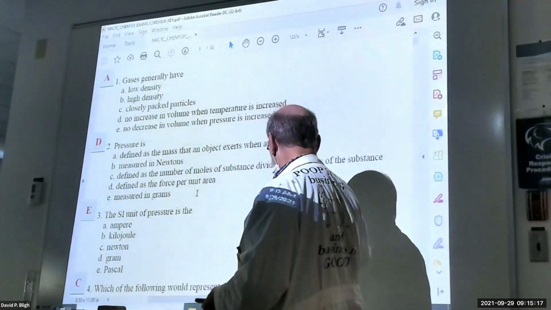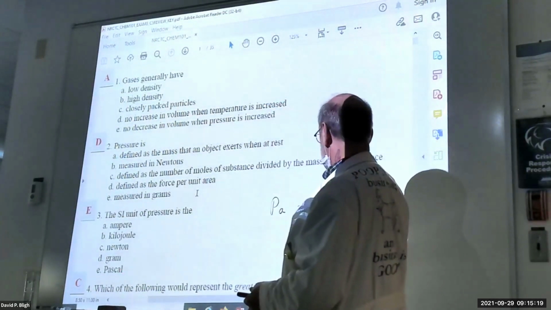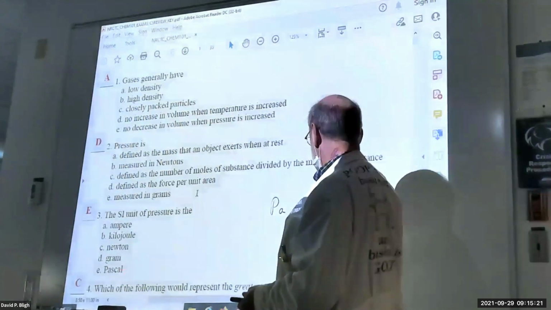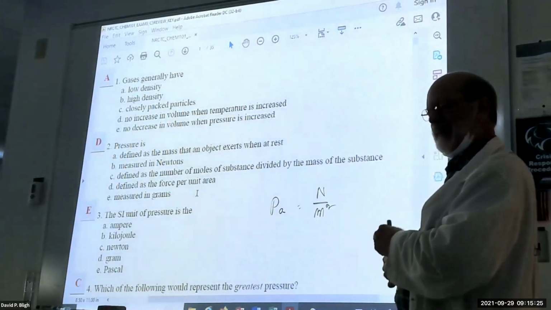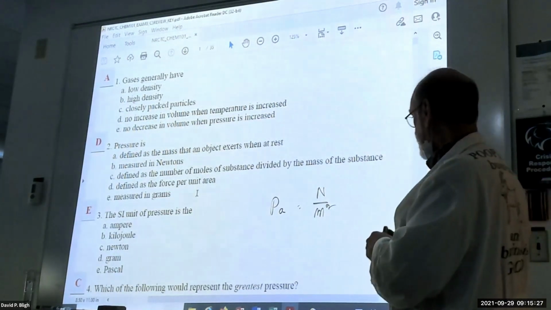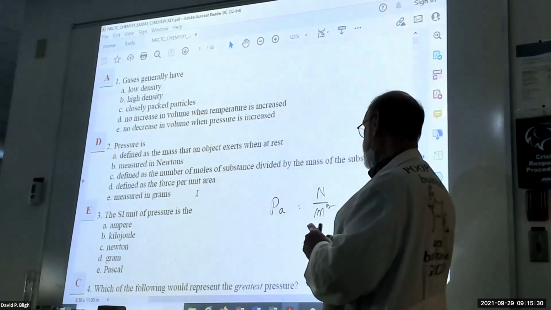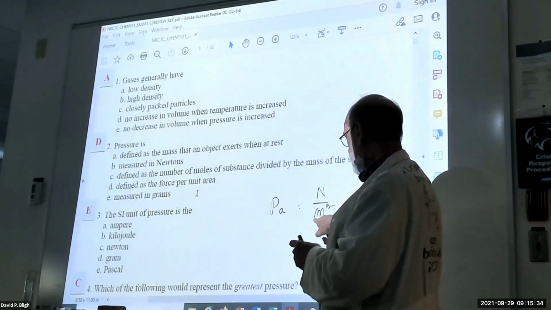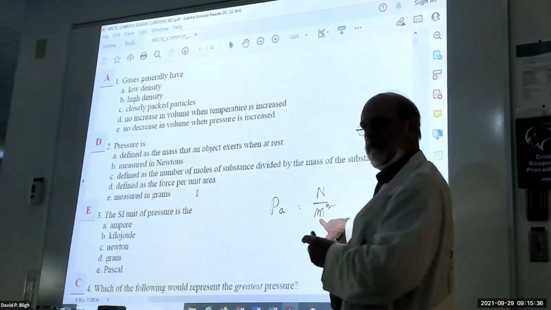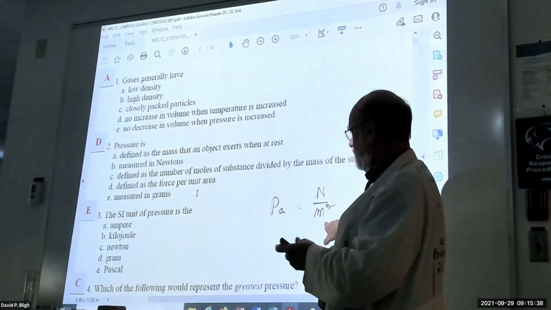Let's see. Hey, what is it? It's a Newton per square meter. Technically speaking, both of these are derived units. I mean, this is a fundamental unit, but you square it, that's a derivation.